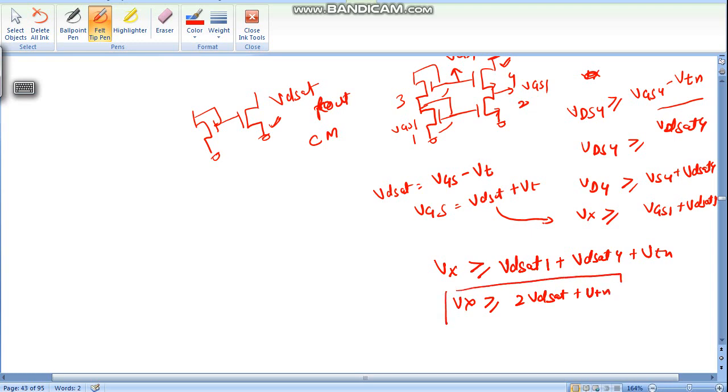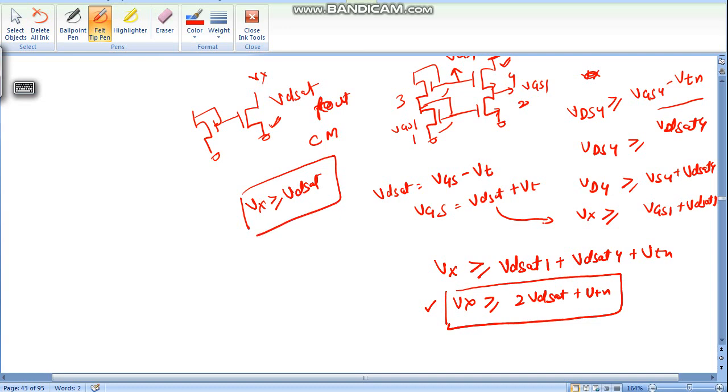If we compare it with a simple current mirror, the minimum voltage headroom required for the cascode current mirror is greater than that of the simple current mirror, so it is very high. For a simple current mirror, this Vx should be greater than VDsat only. So this is one disadvantage of the cascode current mirror.